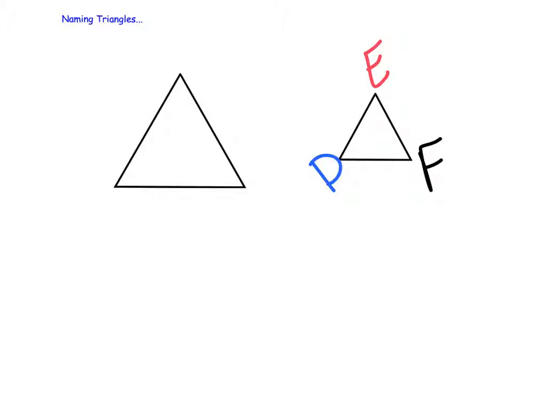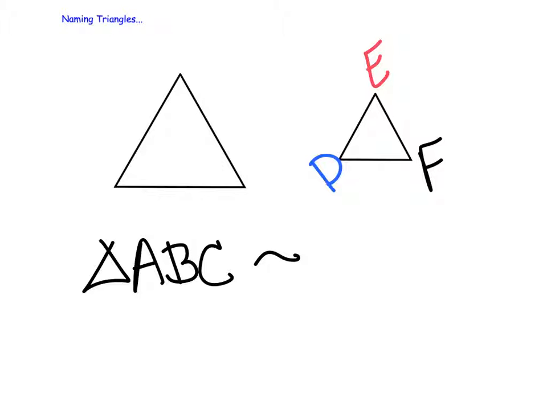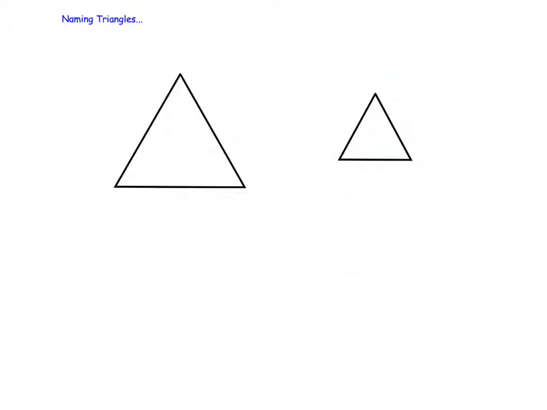Okay, so when you see a triangle listed, the way they're going to write it is triangle ABC. That means triangle ABC. And if they're telling you it's similar, they're going to throw that little symbol in there that means similar, but then they're going to write these letters in the same order that correspond to the first triangle.